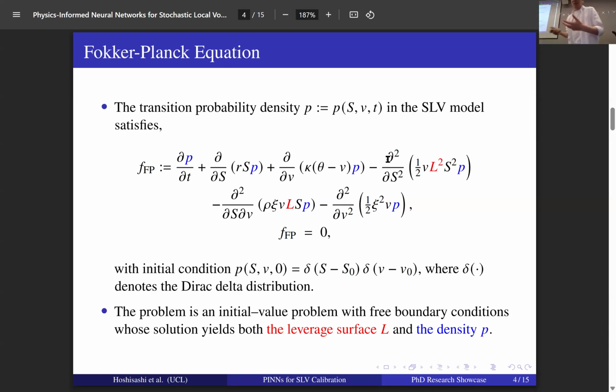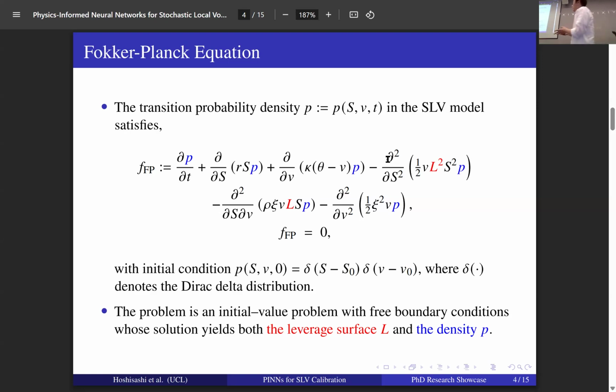It's a kind of complicated formulation, and it also has derivatives of P with respect to T, S and volatility V, and they are correlated with each other.